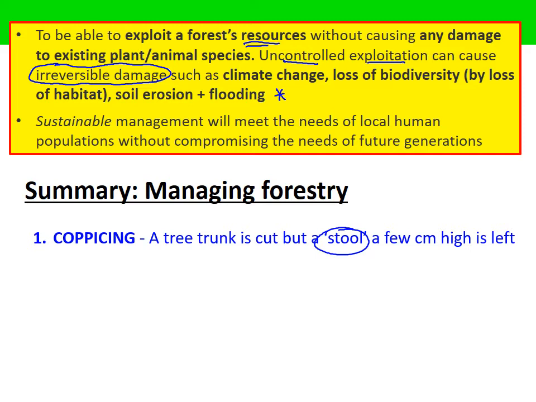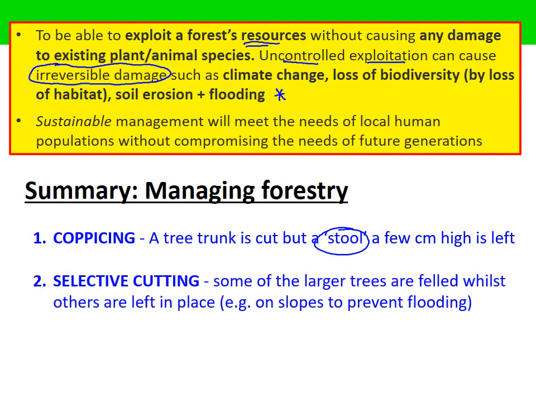Now from that stool emerge vertical stems called poles, and they will grow to different heights before they're again chopped down. So it helps to keep the root systems in the soil, and they obviously absorb water, etc., and that prevents flooding. Coppicing does actually improve biodiversity, and we'll see why shortly.